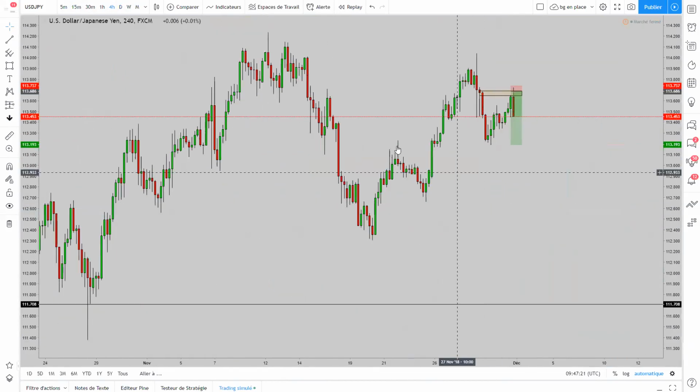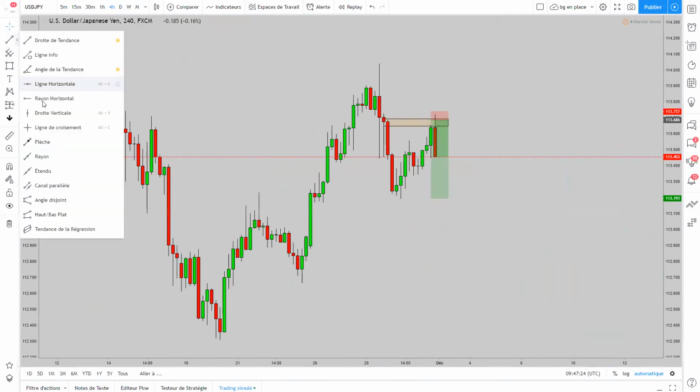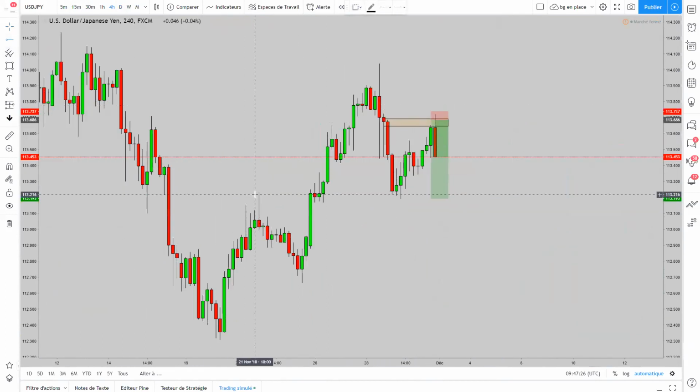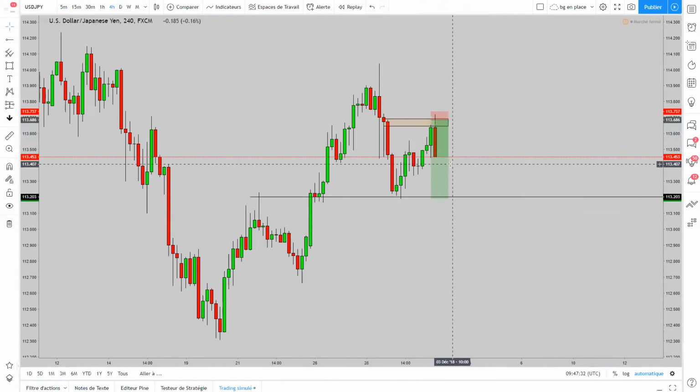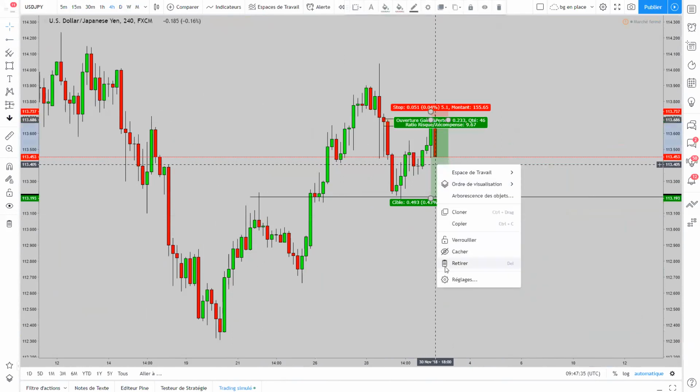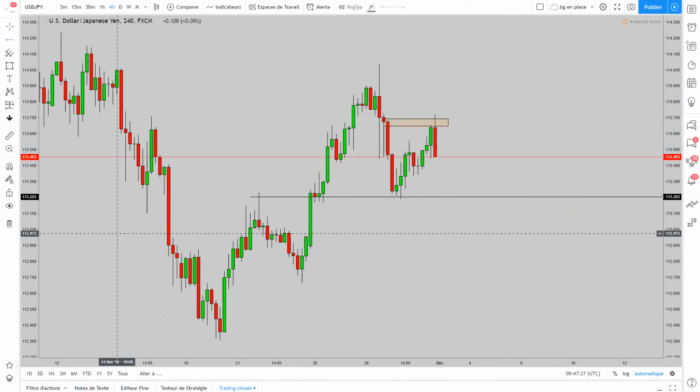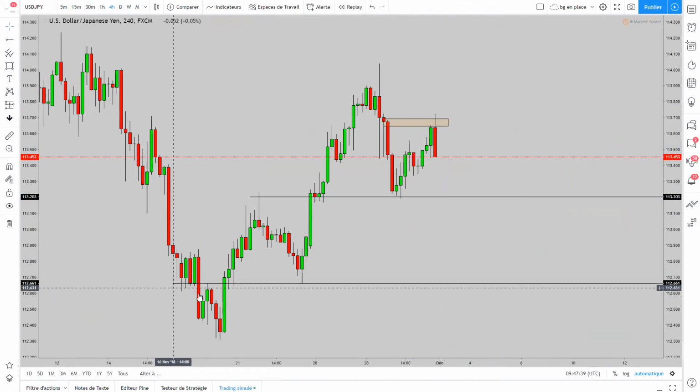We can see it falling until maybe here is the first support. As you can see, here, here, here. Here is the first support. And if it's breaking, we are going down to here, or there is no support.